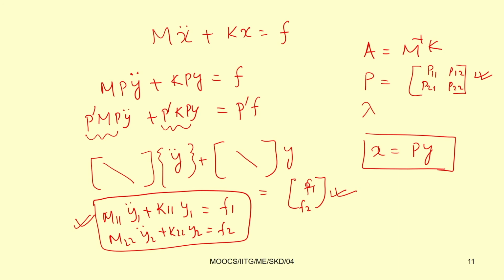Similarly, the second equation will be f2 minus g(y1, y2) and some other terms also. In that way, by using this modal analysis method, you can reduce this coupled equation to an uncoupled equation.